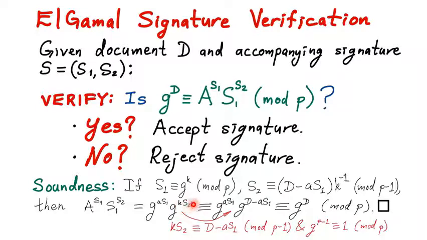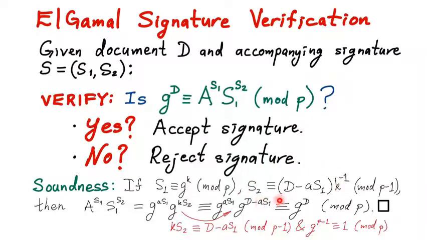Now, for this second factor, k times S2, remember that exponents are defined modulo p minus 1. So the fact that k is coprime to p minus 1 and has a multiplicative inverse k inverse working in arithmetic modulo p minus 1, which is where the exponents live, is important. This congruence, which defines S2, is equivalent to passing k to the other side.